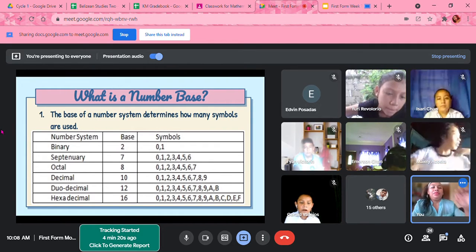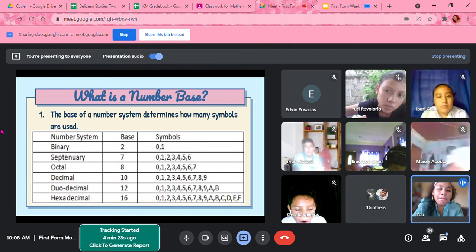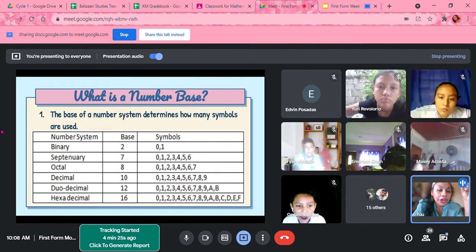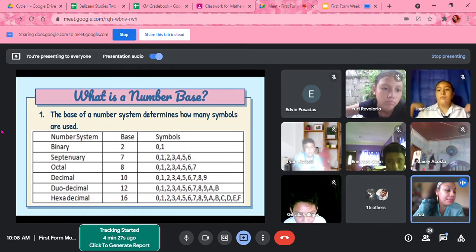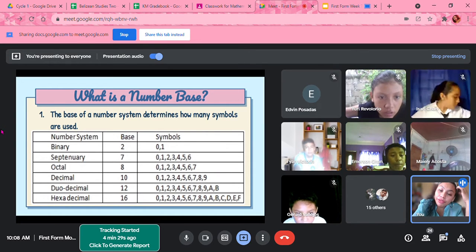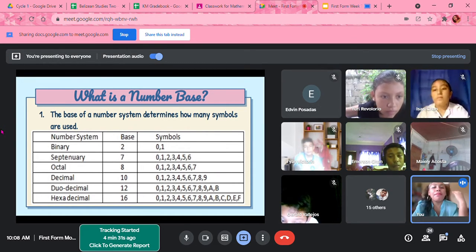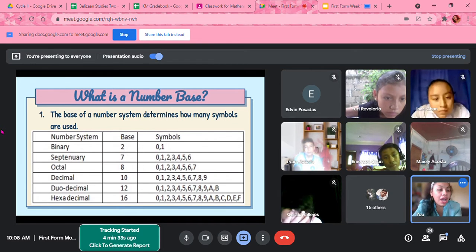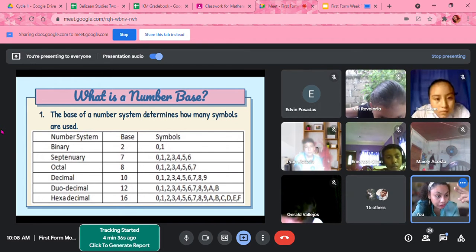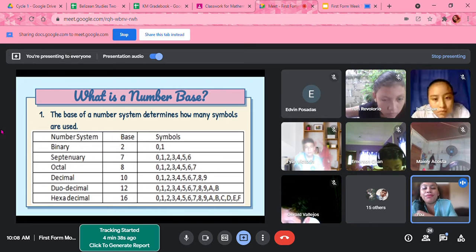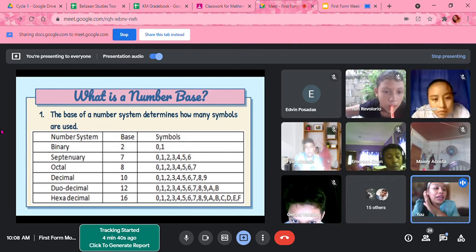So, the base of a number system determines how many symbols are used. For example, if I'm talking about base 2, I can only use 2 numbers. If I am talking about base 10, I can only use 10 numbers.